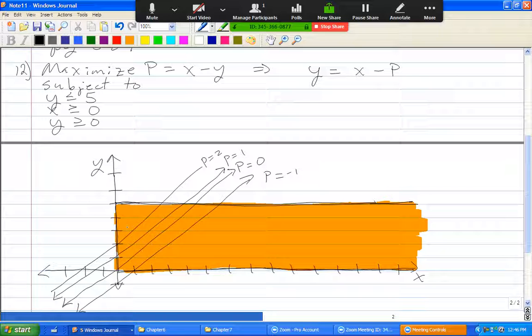P equals 2. 3. No, that was right before, because that's a -3. 1, 2, 3.